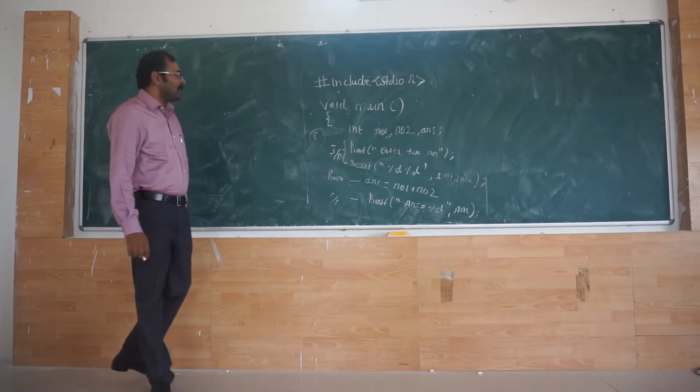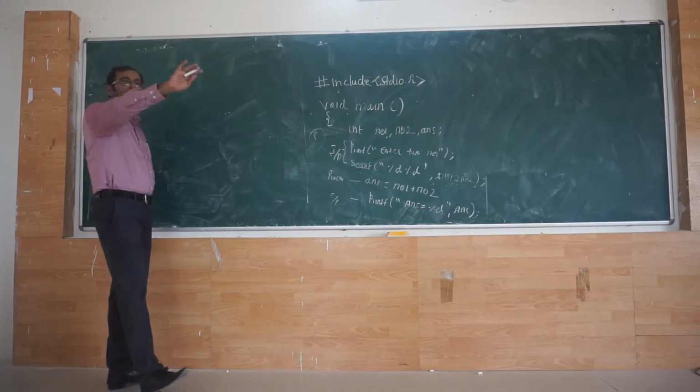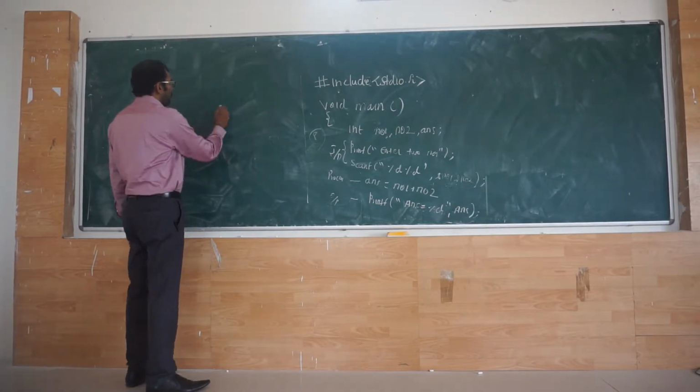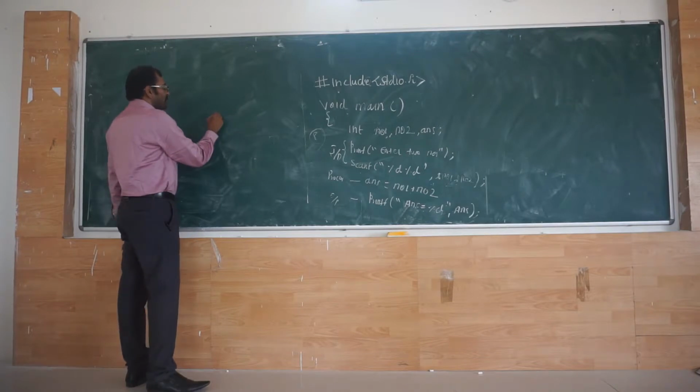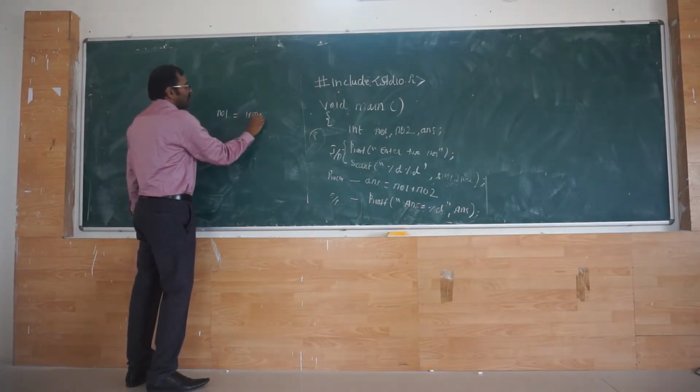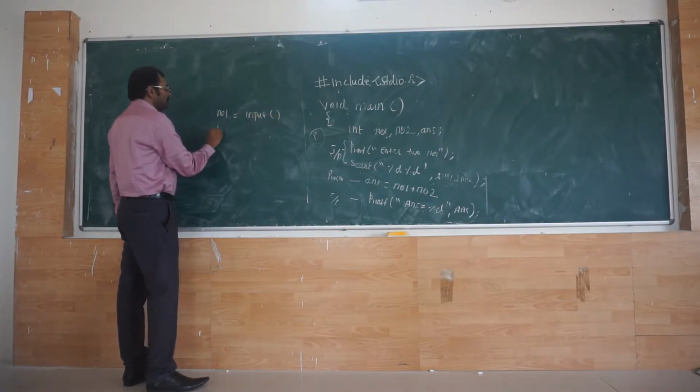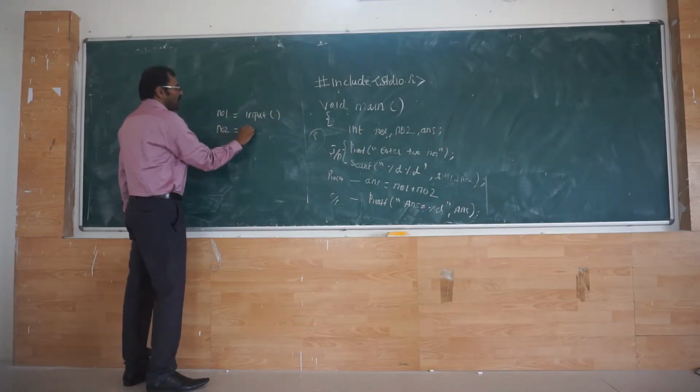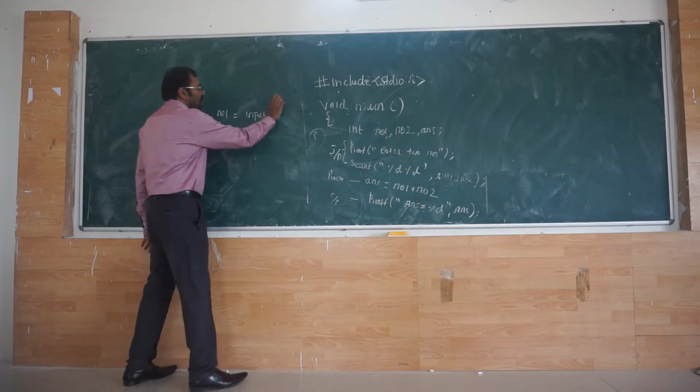I am going to use Python now. There is no header part. Simply you can write 2 variables, right? So number1 is equal to input, number2 is equal to input.